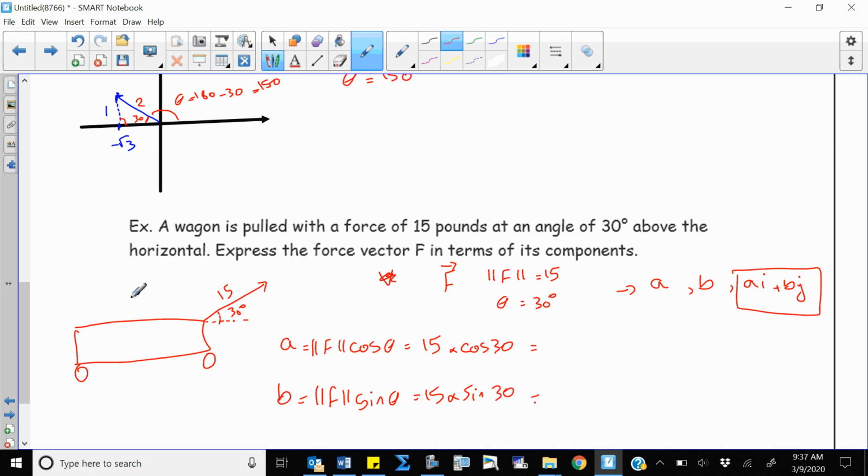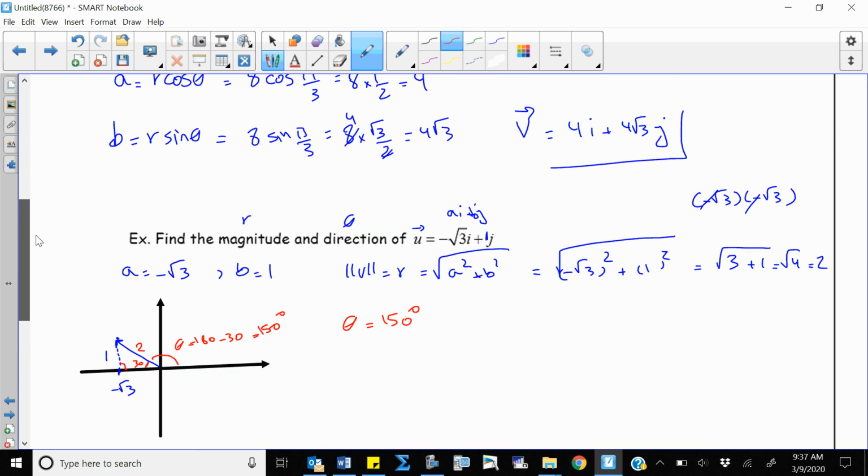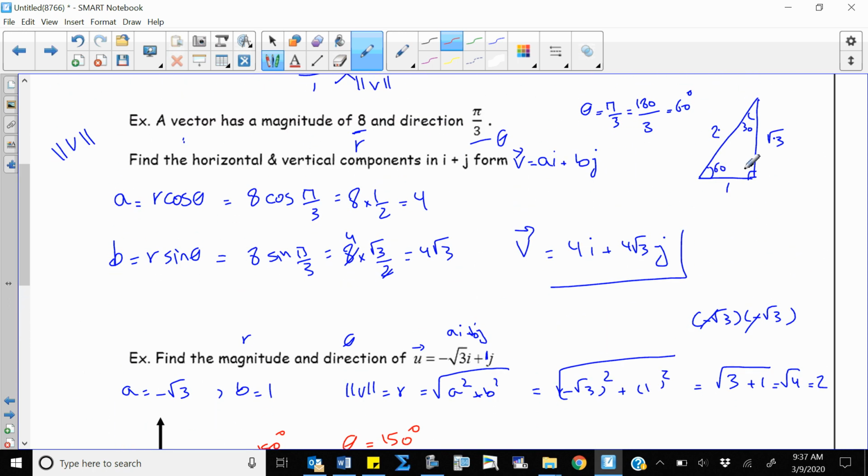Okay, so what is cosine of theta? Again, we can use the same triangle that we had here. A triangle which has angles of 30, 60, 90. The side opposite 30 is 1, opposite 60 is radical 3, and opposite 90 is 2. Okay, so sine of theta will be opposite over hypotenuse, which is 1 over 2, and cosine of theta is adjacent, which is radical 3 over hypotenuse.